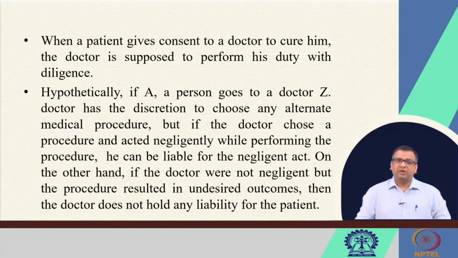For example, if a person goes to doctor Z, the doctor has the discretion to choose any alternate medical procedure, but if the doctor chooses a procedure and acts negligently while performing it, he can be liable for the negligent act. On the other hand, if the doctor was not negligent but the procedure resulted in an undesired outcome, then the doctor does not hold any liability for the damages occurred to the patient.